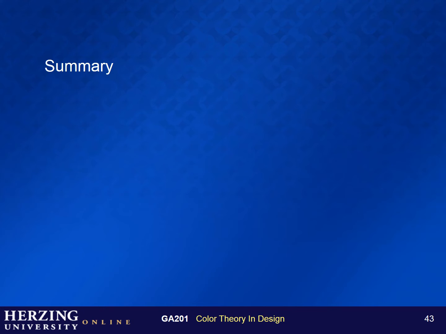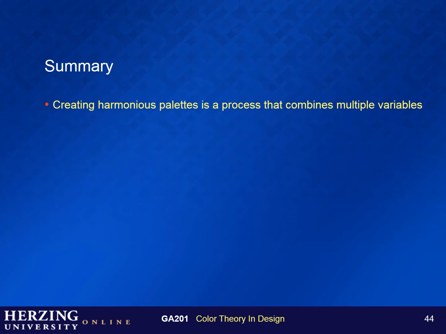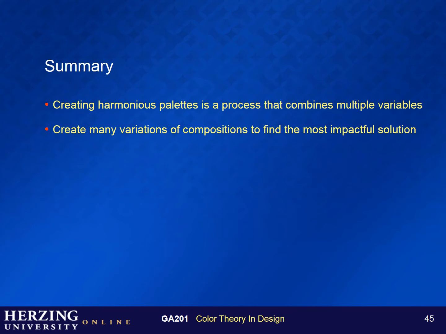Summary. As we have seen in this unit, creating harmonious palettes is a process that combines multiple variables. Experimentation is key to eliminating color combinations that do not enhance the message effectively.